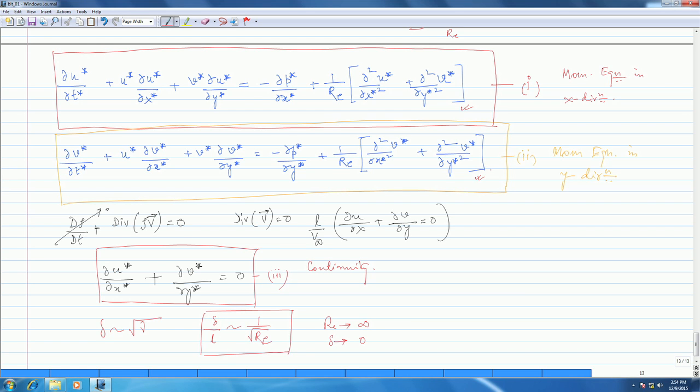We do not have a viscosity term here, we got rid of the mu, but we have a Reynolds number. There are a couple of ways of looking at this. You can straight away say, increase the Reynolds number, so anyway this will go. True, but I am trying to understand this more from a physical point of view also. If the Reynolds number is very large, then the boundary layer thickness is very small, nearly 0.